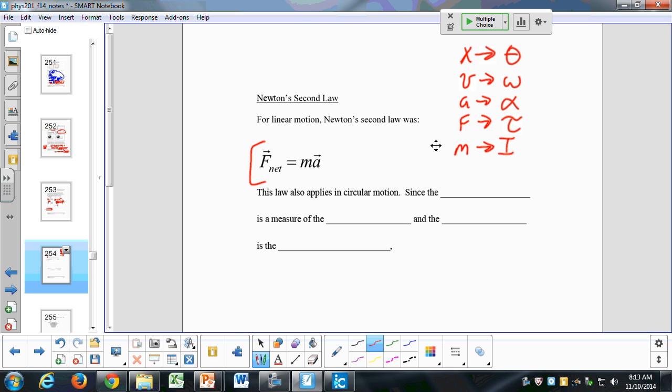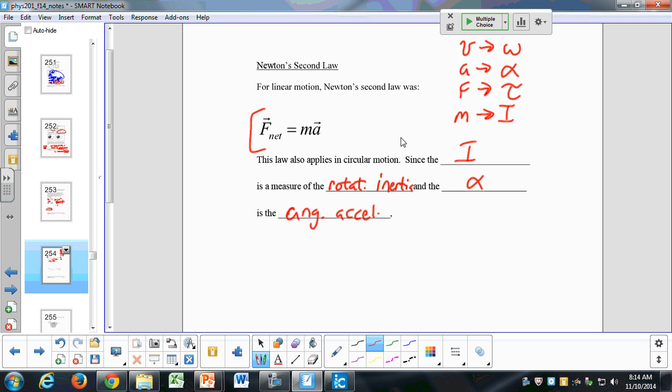Since I is a measure of the rotational inertia, and alpha is the rotational or angular acceleration, we can rewrite Newton's second law.